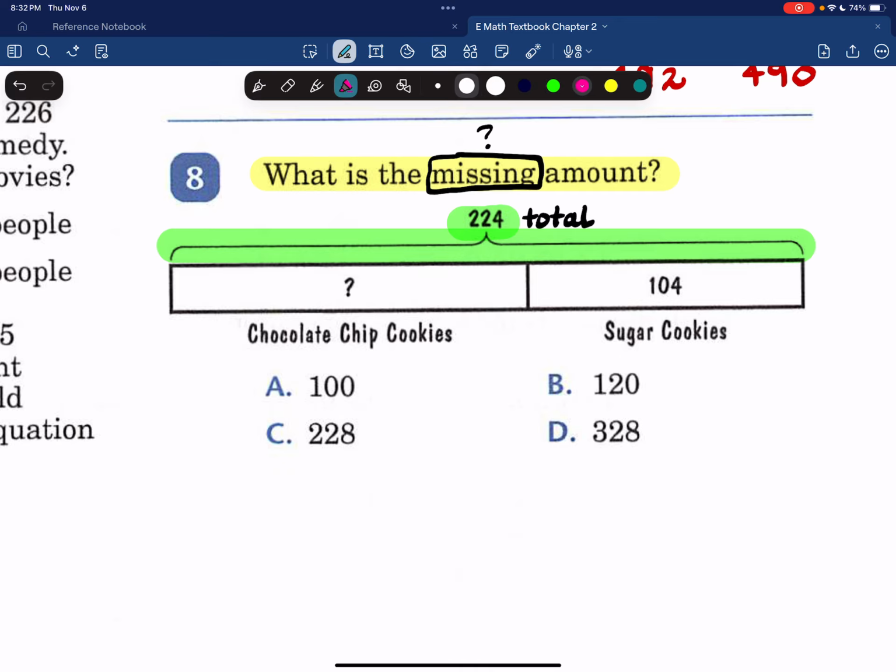That sounds good right now, doesn't it? And then we know that the 104 goes with sugar cookies. That sounds good too. So we are looking for the number of chocolate chip cookies out of total cookies.